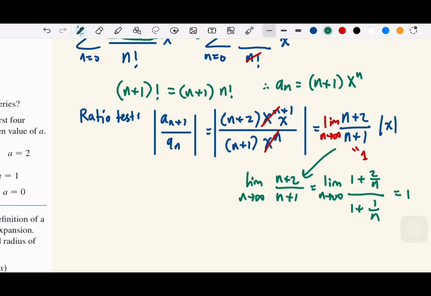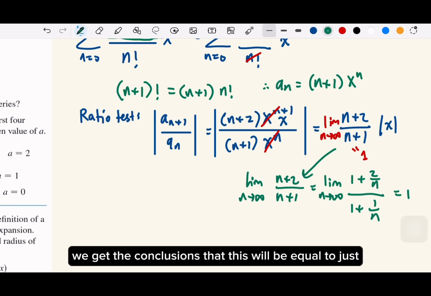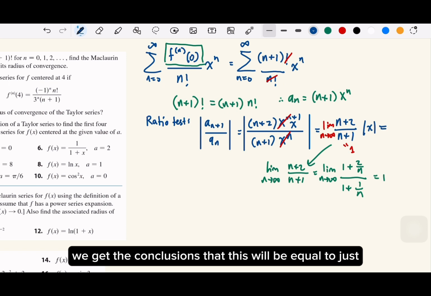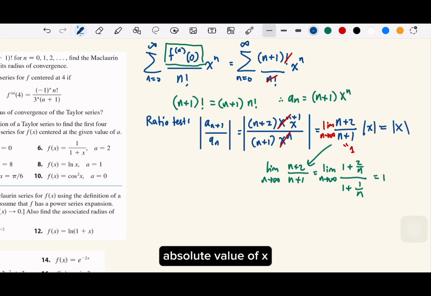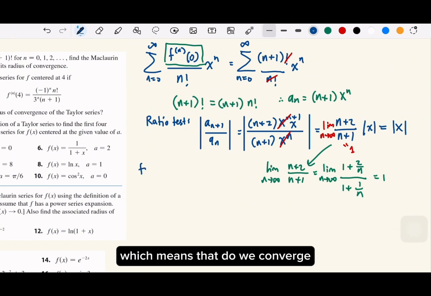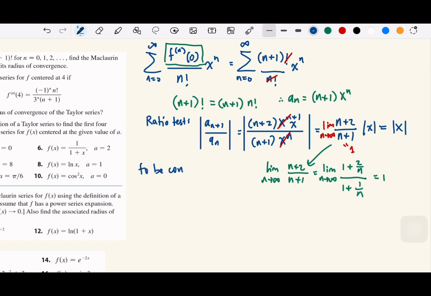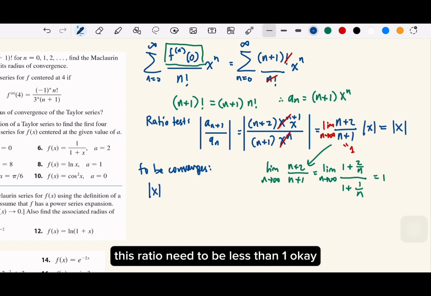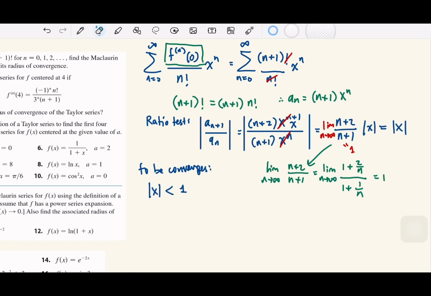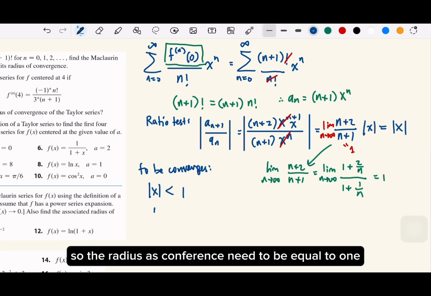So we get the conclusion that this will be equal to just the absolute value of x, which means that to converge, this ratio needs to be less than 1. That is the ratio test, right? So the radius of convergence needs to be equal to 1.